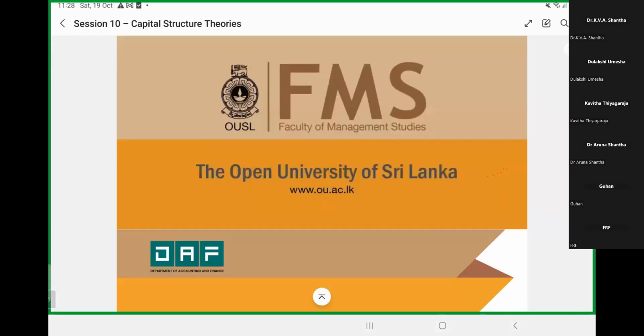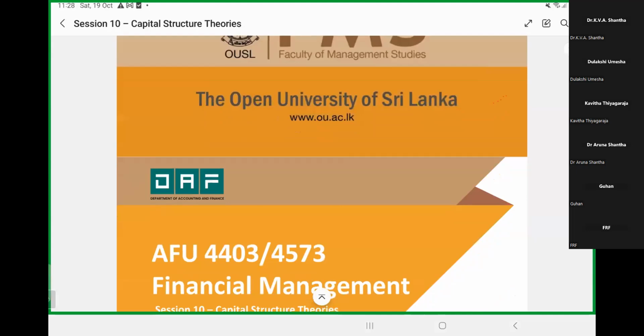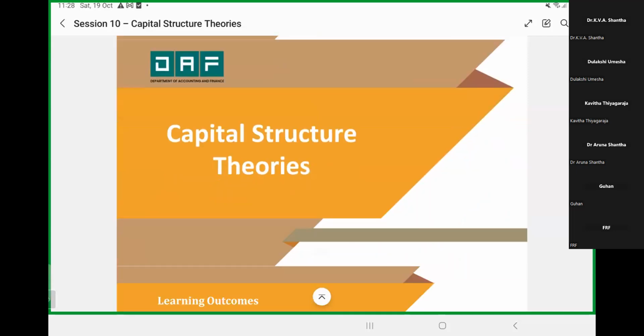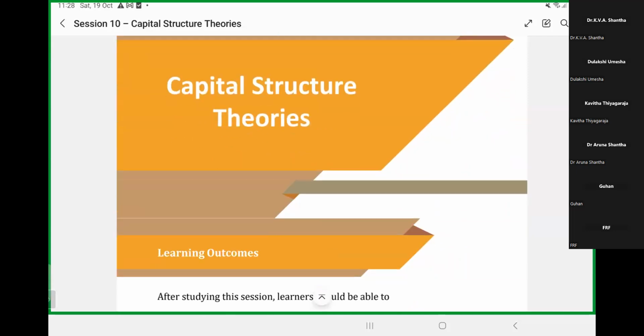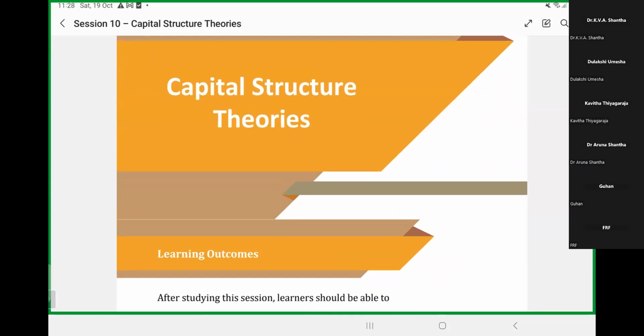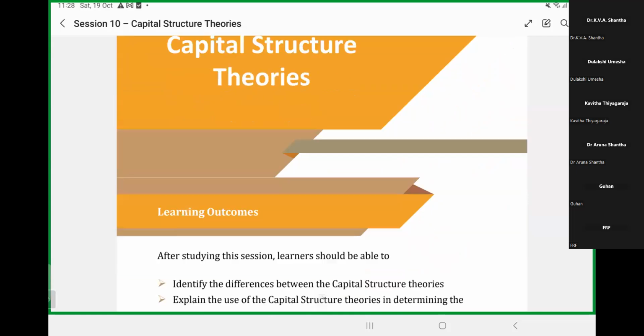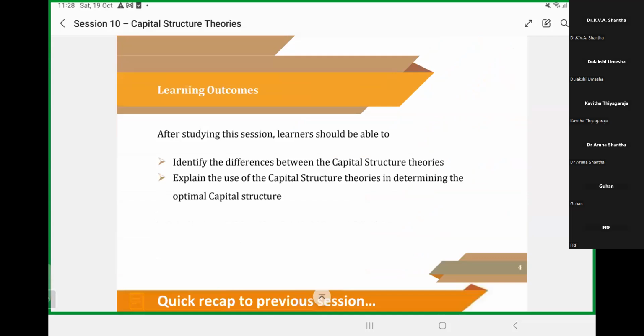You have learned different theories. You learn meaning of the capital structure in session 9. In session 10, you learn about capital structure theories. So you should have a basic understanding of these theories in capital structure.